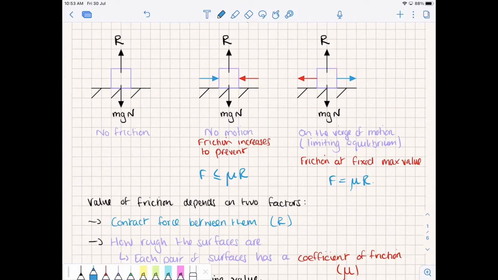So this part here, this is how we calculate the maximum value of friction. We take the friction coefficient and we multiply it by the normal contact force.